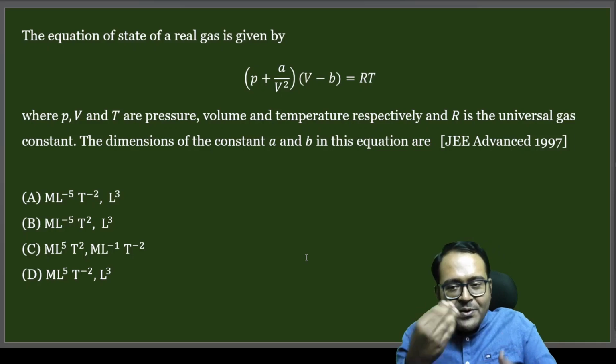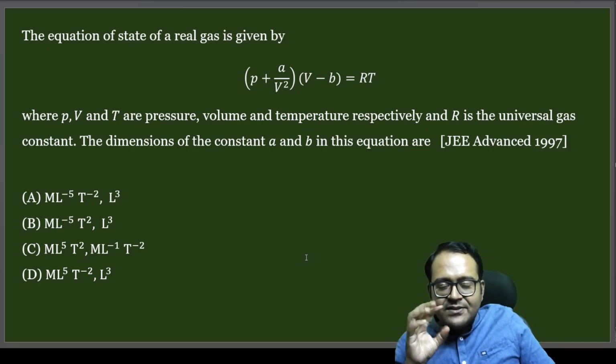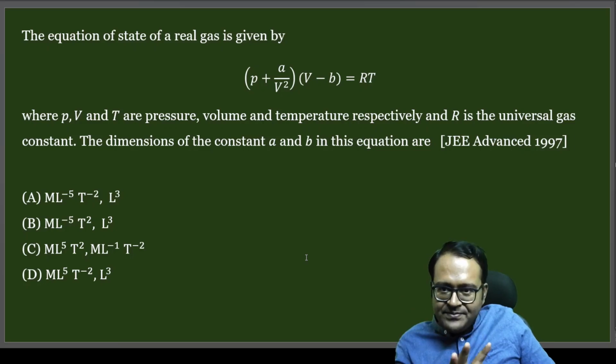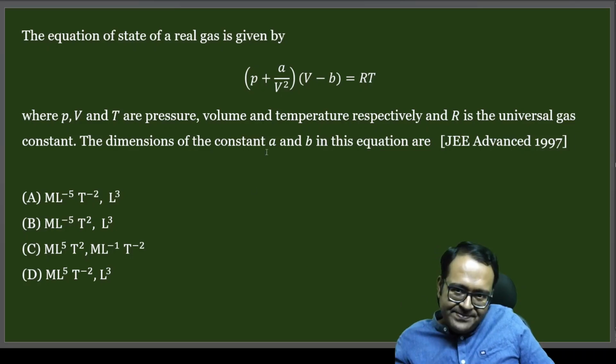You can only add or subtract something with dimension of volume with volume. You cannot add something with dimension of pressure or energy to volume. So B has dimension of volume, and A by V square should have dimension of pressure.